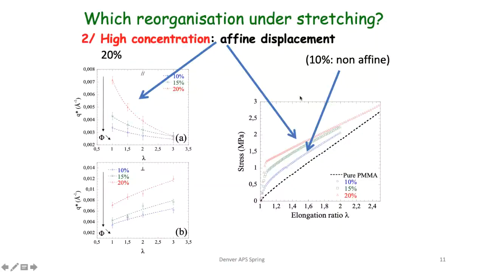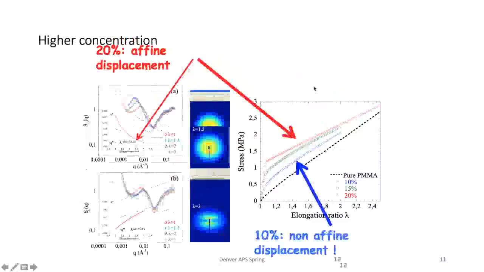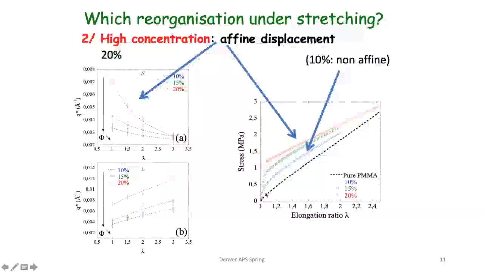At the same time, the mechanical stress as a function of the elongation is quite different for the different concentration values. When it's non-affine, you have a gentle increase of the stress.